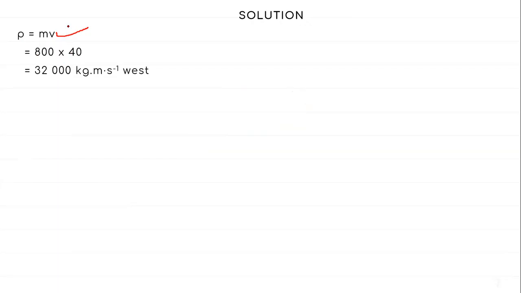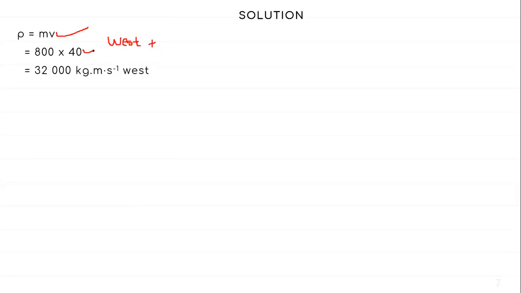And you can see that the velocity is substituted as positive. In other words, we are choosing west as positive. Then we find that our momentum gives us 32,000 kilograms dot meter per second west.